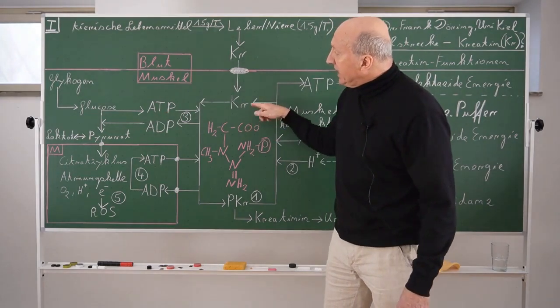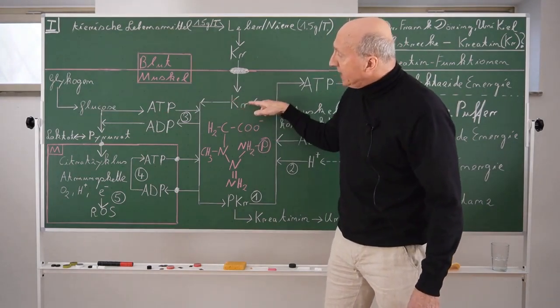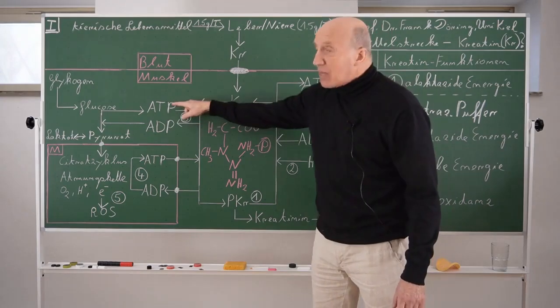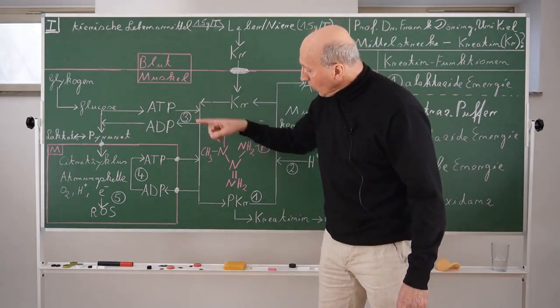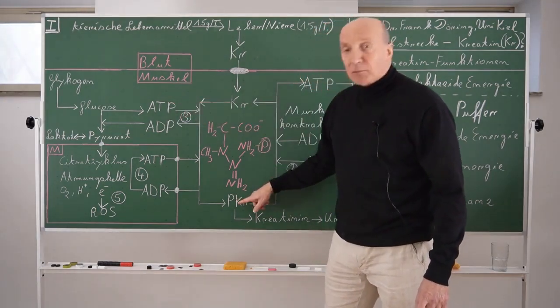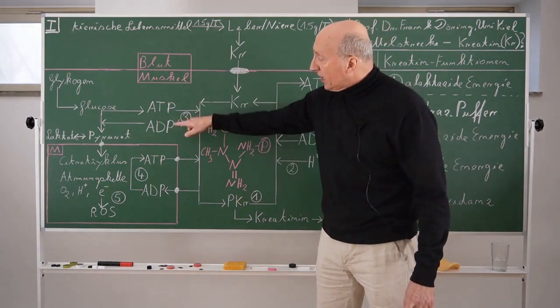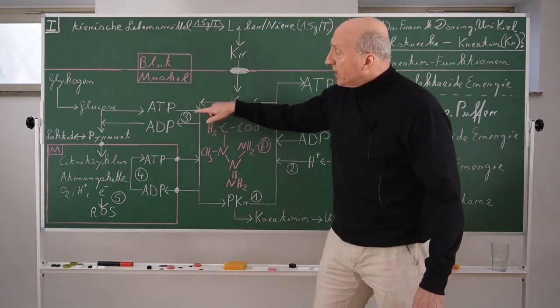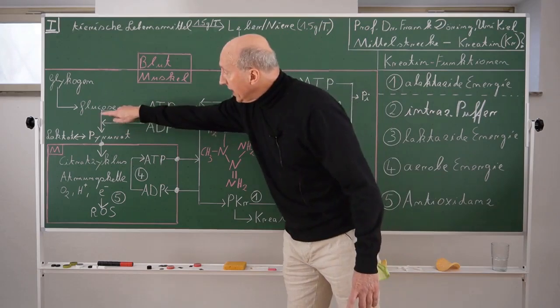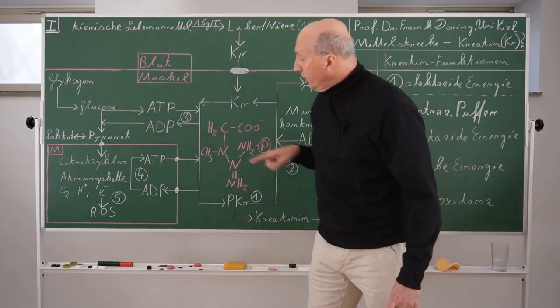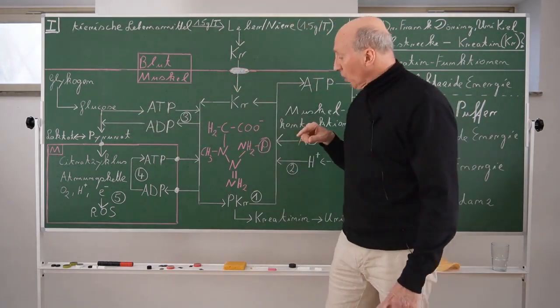In this case, creatine, the free creatine, reacts with ATP to form phosphocreatine. At the same time, ADP is produced, which in turn is then available in anaerobic glycolysis for ATP formation.